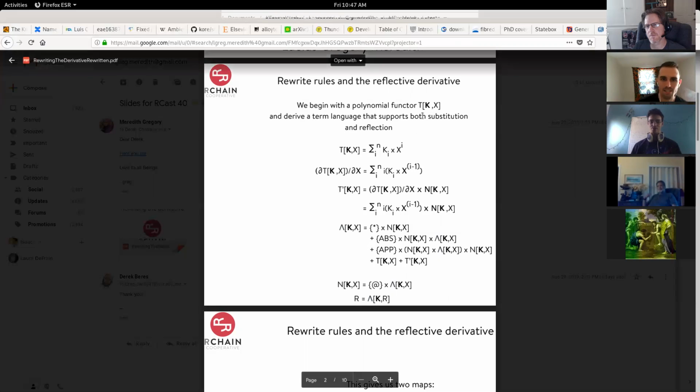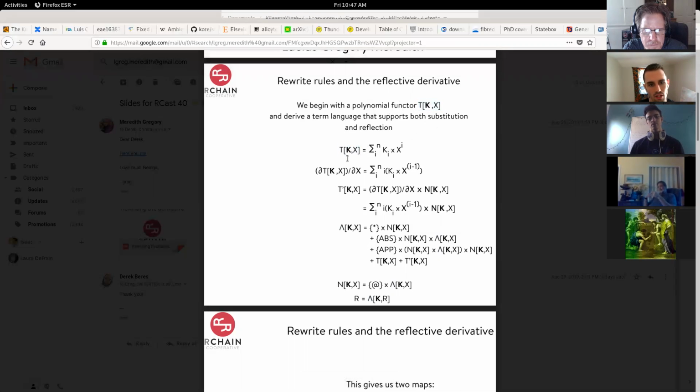I don't see where the functor comes into this exactly. Yeah, so he's saying that this whole thing, the TKX, all of that is the polynomial functor that we're starting with. So he's just using the K as some parameter.